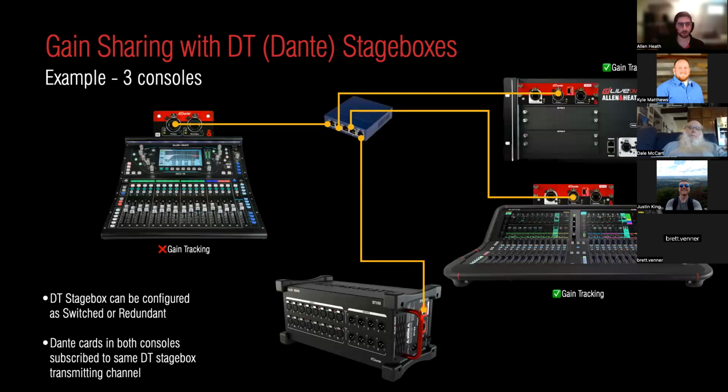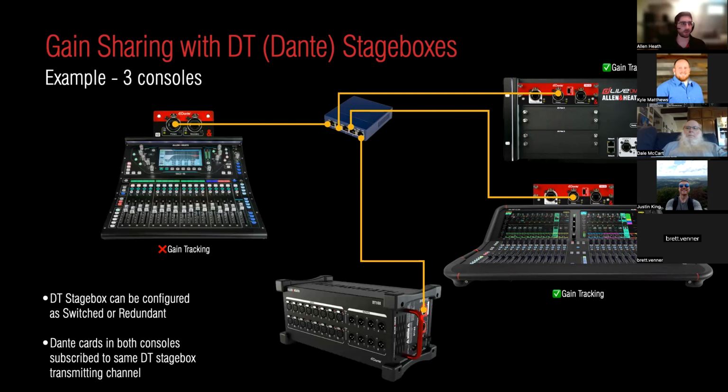And here's another cool example. This is something you can't do with standard DLive gain sharing that we looked at earlier. That gain sharing with DLive is just between two systems interacting with each other. With Dante, because Dante is a more flexible protocol, you can have three consoles all sharing the preamp gain on a single DT stage box or multiple DT stage boxes, as long as everything is configured properly.